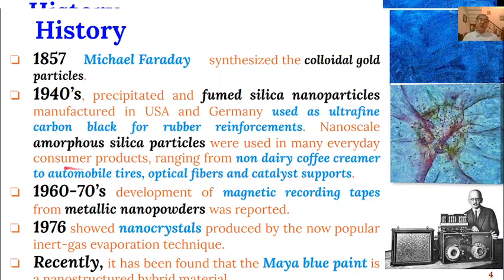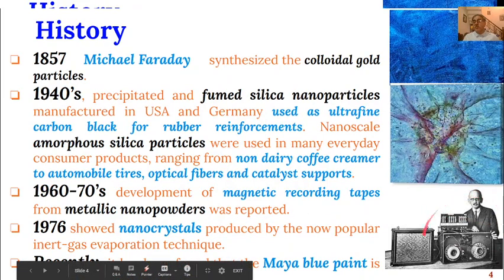Then in the 1960s to 1970s, the very important development of magnetic recording tapes from metallic nano powders was reported. So this was the first instrument by which magnetic recording tapes were developed.